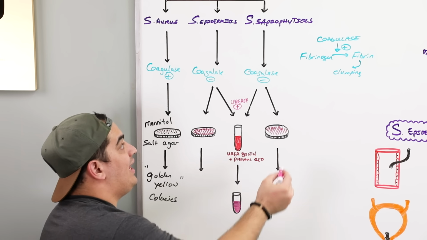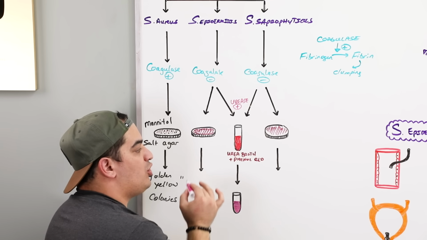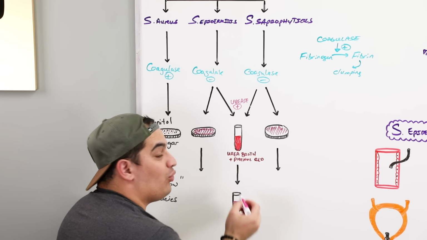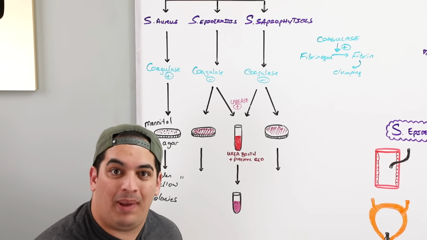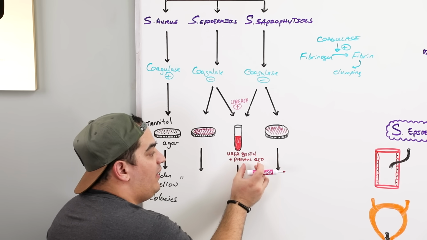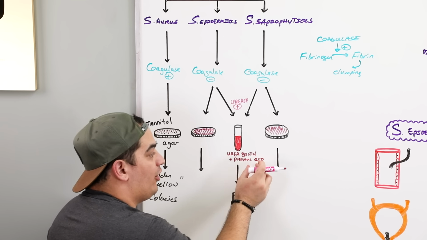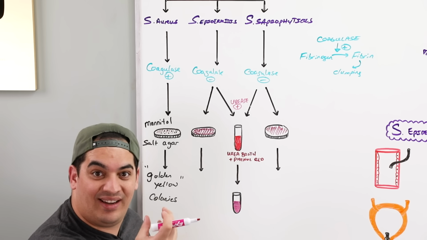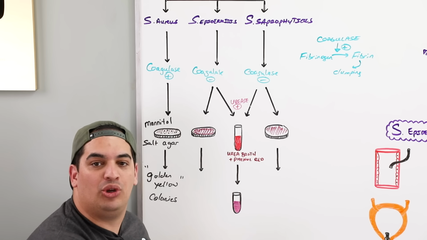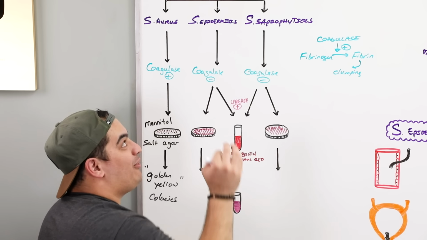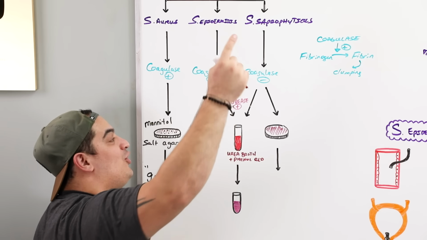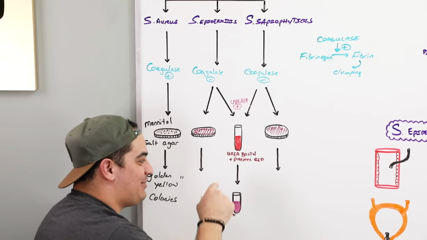Meaning that if you put these bacteria into the solution of urea broth, they'll use that urea and convert it into ammonia. Ammonia is a base. And when it works with the phenol red, the color indicator, it changes that indicator into a pinkish, beautiful color. And so both Staphylococcus epidermidis and saprophyticus are catalase positive, coagulase negative, urease positive.